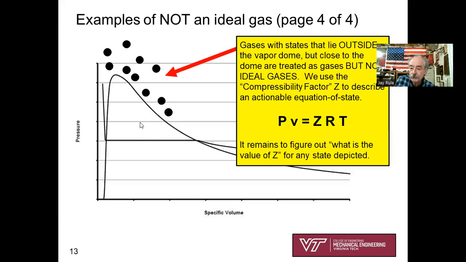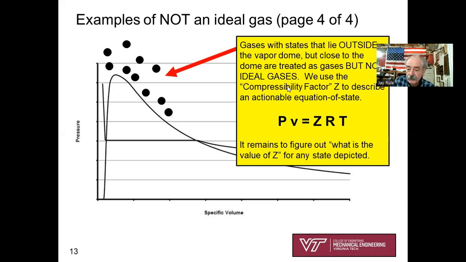And so similarly, now let's generalize to all substances. So I've drawn a bunch of dots that are in the neighborhood of the critical point on the vapor dome. And so the point there is I've turned my box yellow. Not going to be good to model any of these states as an ideal gas. So here's what we do.